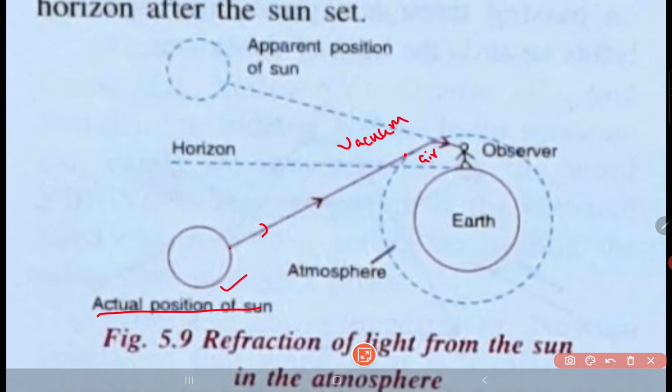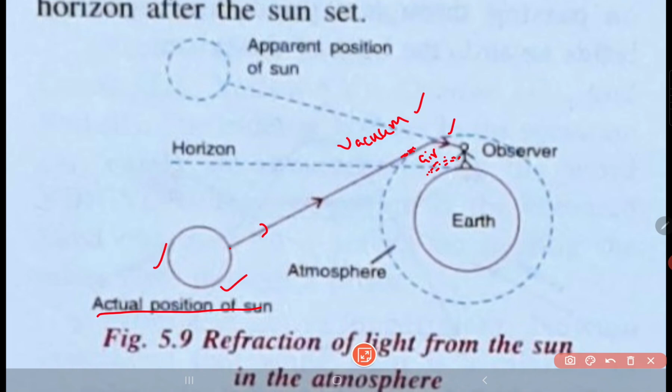So it strikes from the rarer medium to the denser medium first, and the ray should bend towards the normal. As the paragraph says, this portion of the atmosphere is much colder compared to this portion here, so every time the ray is bending towards the normal.